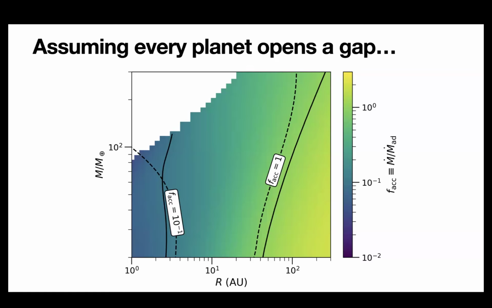However, in the inner disk, where planets can open fairly deep gaps, and they were previously optically thick, the lower surface density now makes these things more marginally optically thick. So while we still get some accretion suppression, there is no accretion suppression of 2 orders of magnitude. So this is an order of magnitude effect once you include gap opening.